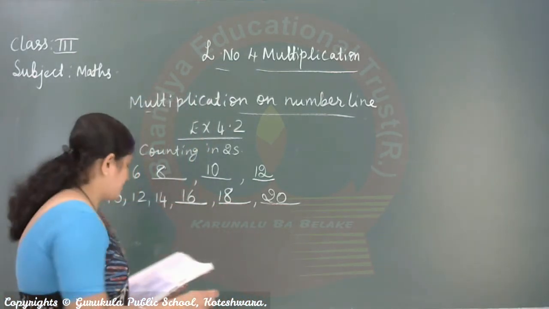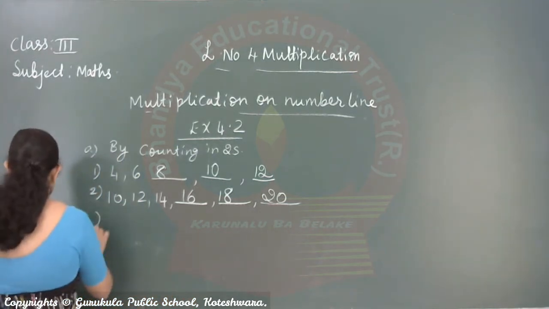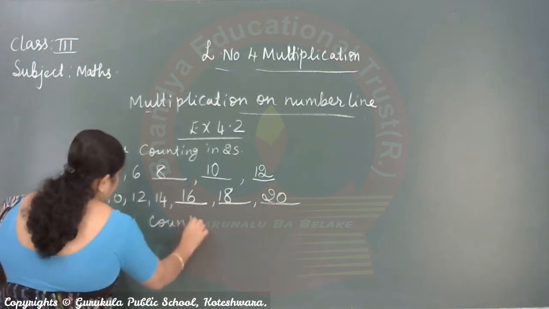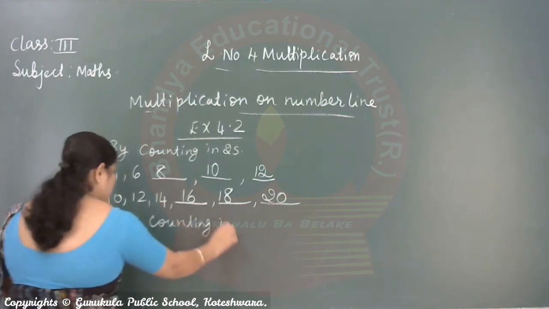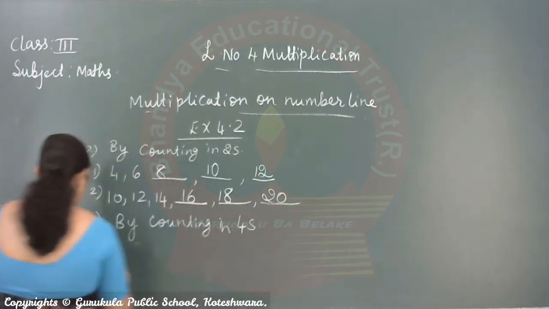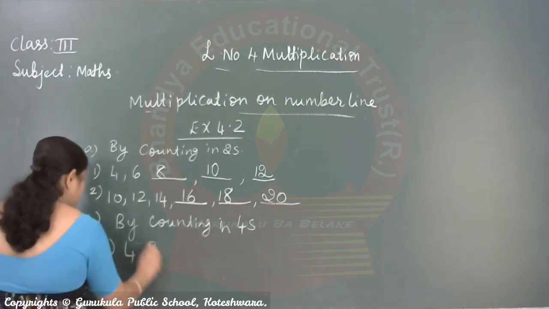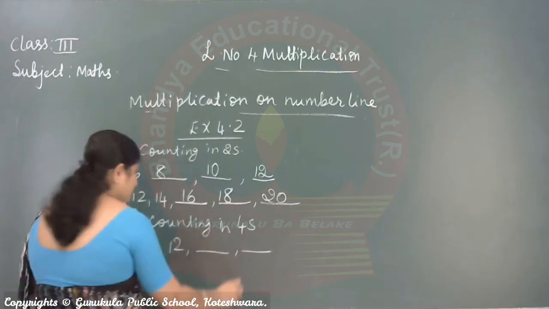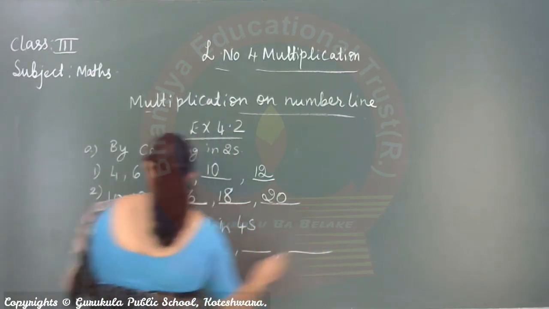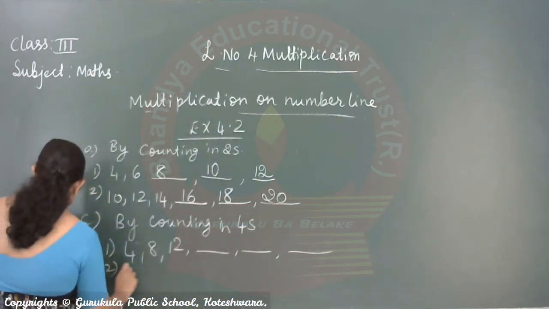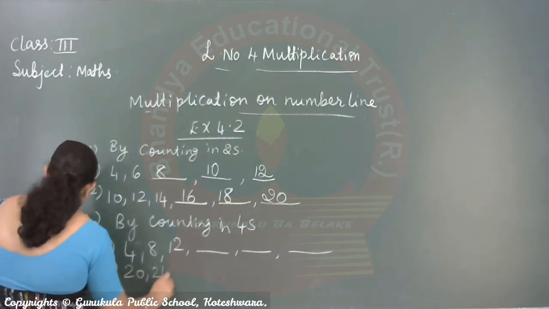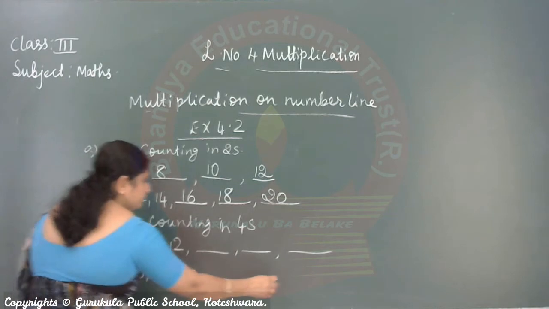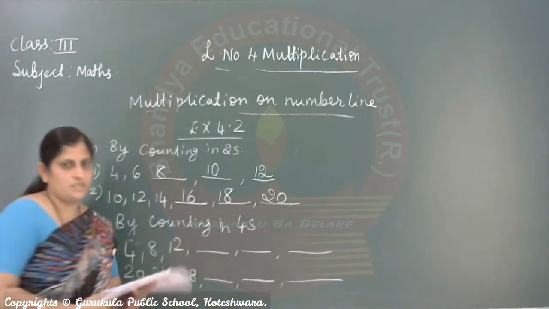Now next, C question. I'll take the C question. Count in fours. By counting in fours, that is 4, 8, 12, next here 20, 24, 28, dash is given.